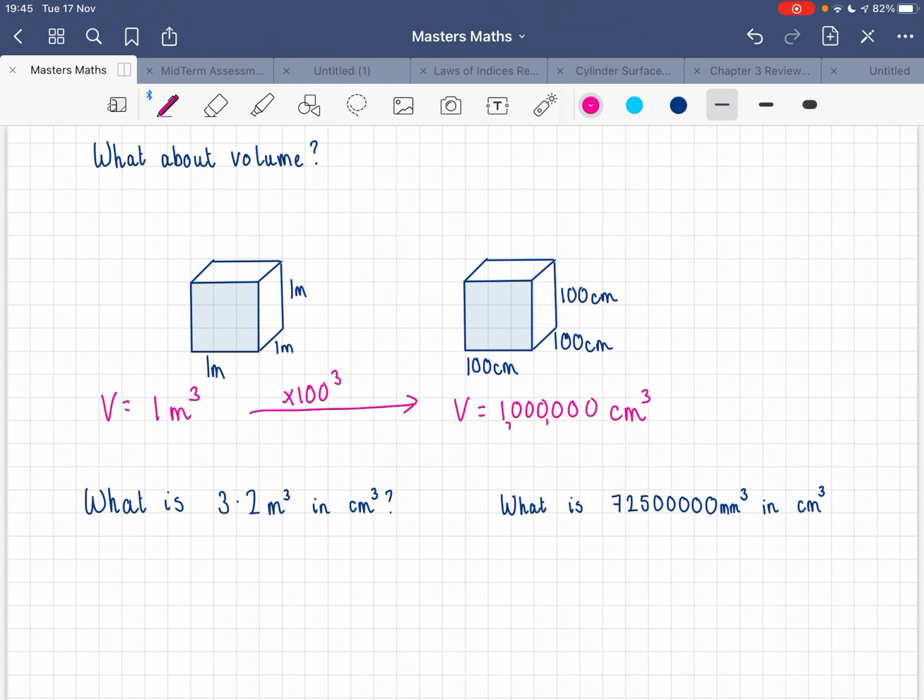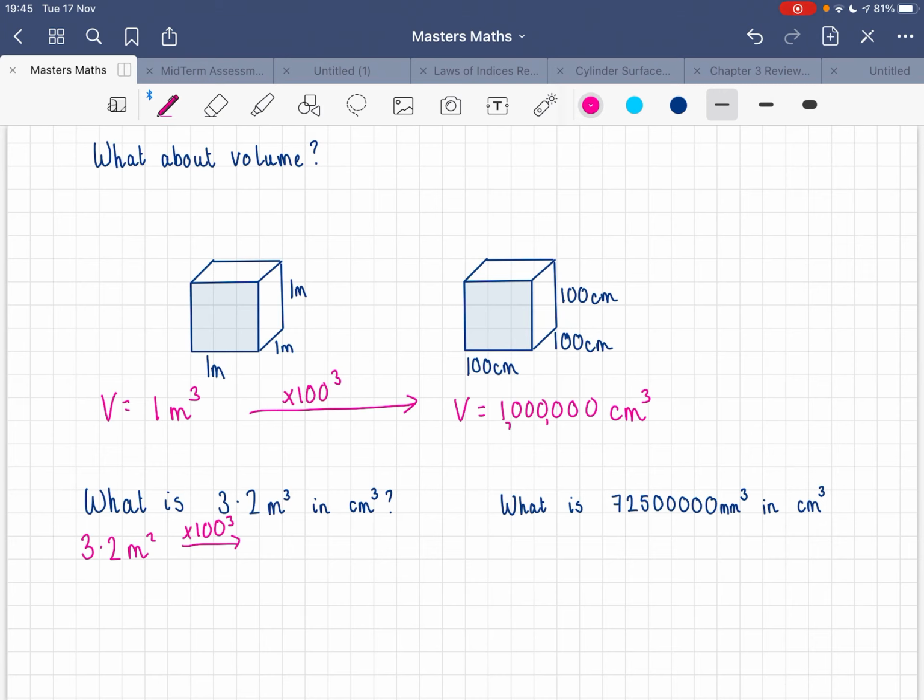What is 3.2 meters cubed in centimeters cubed? So again, let's do the same kind of thing. So we're doing 3.2 meters cubed, and we're changing it into centimeters cubed. Usually we would times it by 100, but we have to multiply it by 100 cubed.